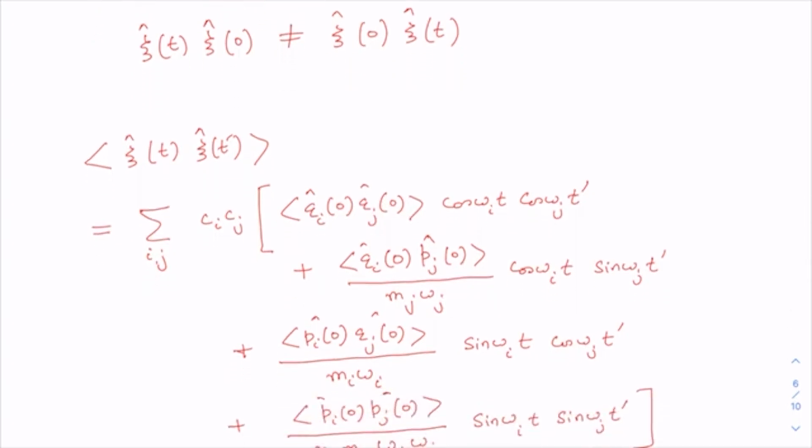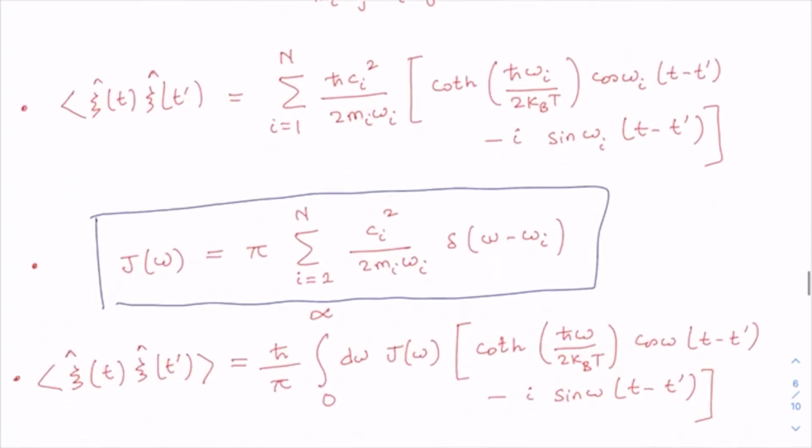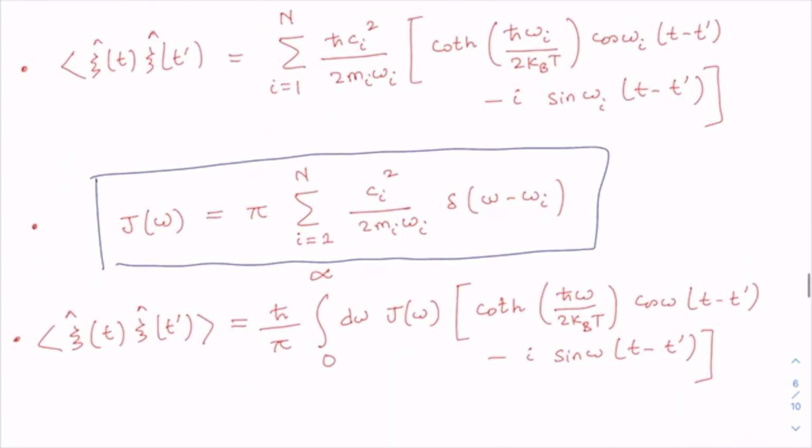We calculated the expectation value of this product of the quantum Langevin noise, which is the autocorrelator, and calculating it we got this particular expression, which further can be expressed in a little bit simpler form, defining, as usual, the bath spectral density.